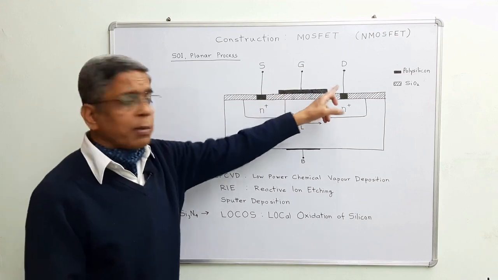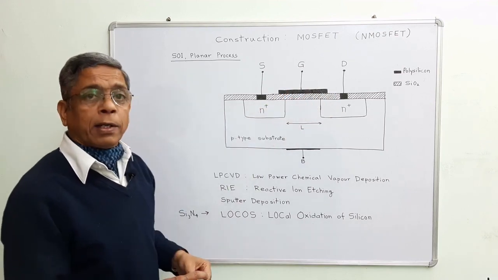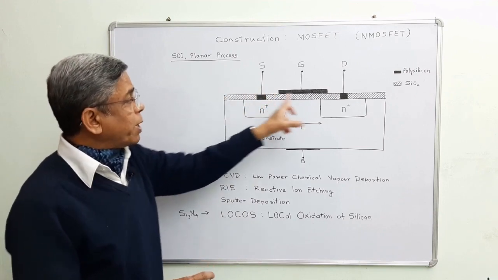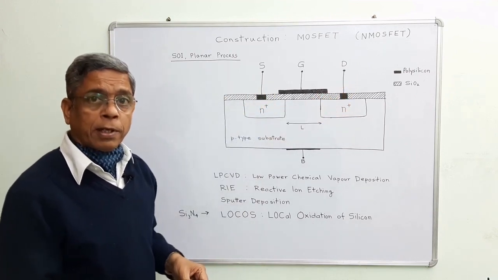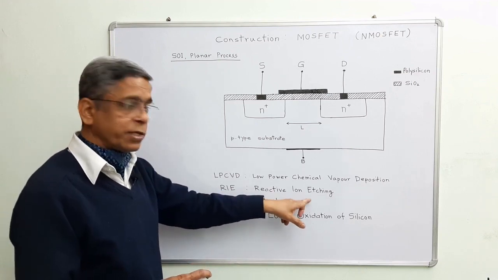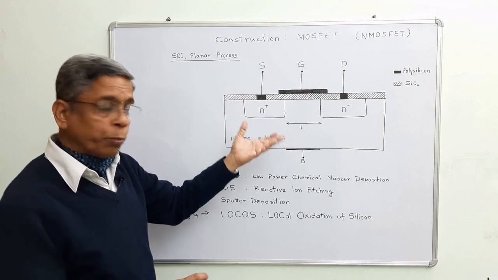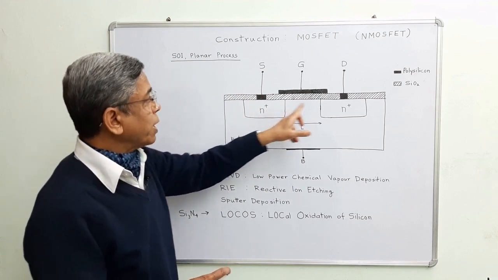Then masking is done on this layer to form the gate. Then the remaining part of the polysilicon is etched further by using RIE, reactive ion etching. It is done vertically, anisotropically, to make regions for the source and drain.